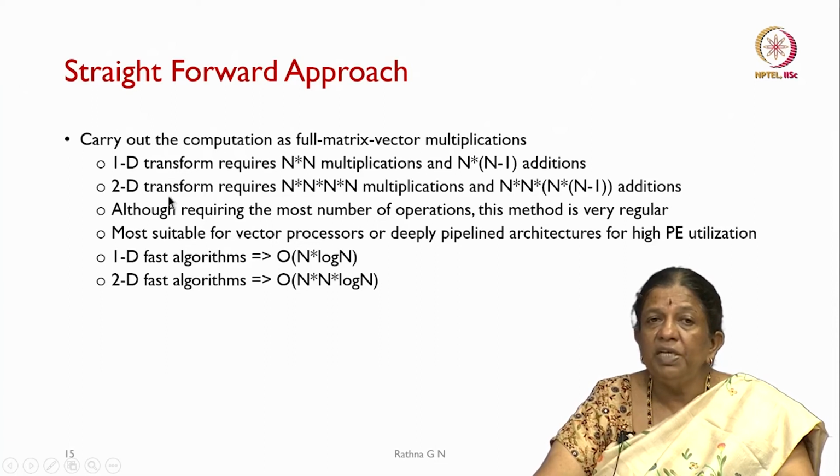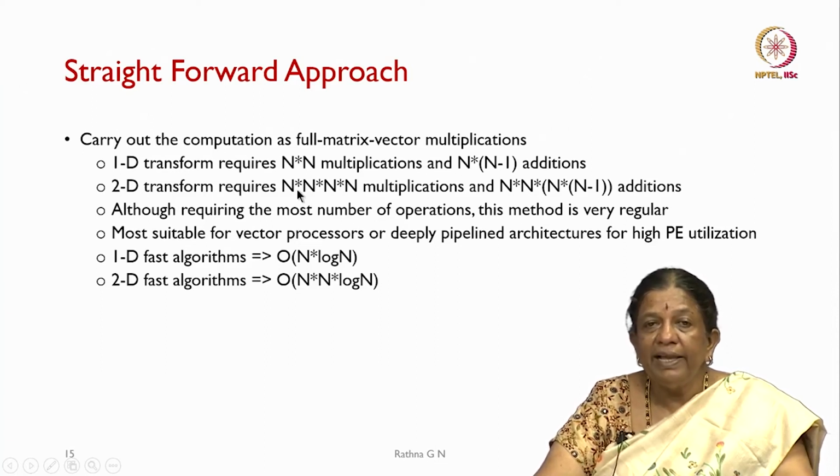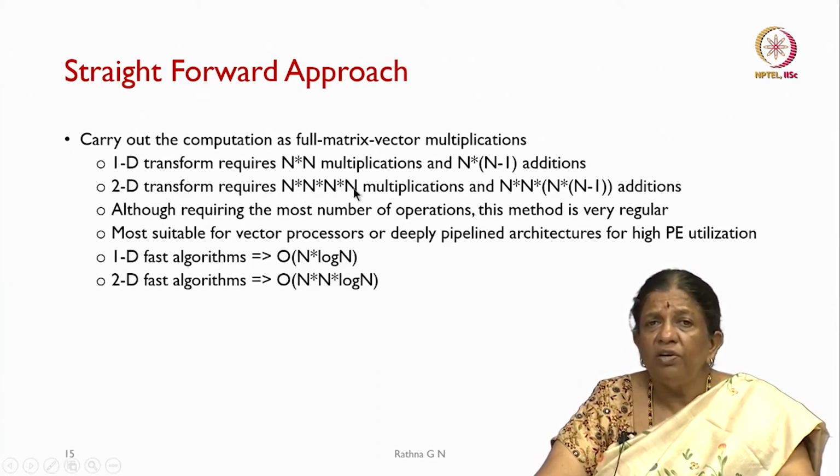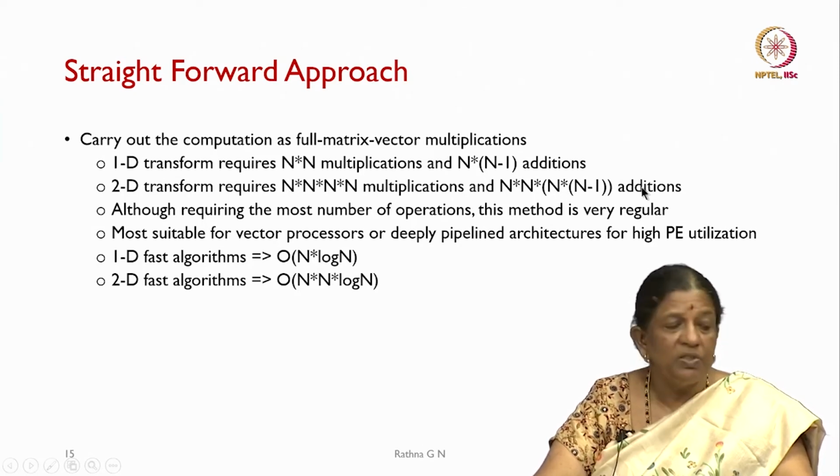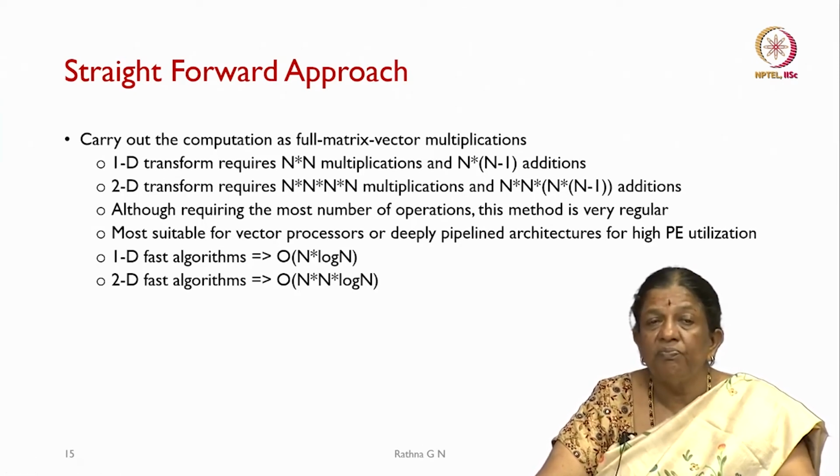Whereas the 2D transform, with all lengths n, requires order of n to the power of 4 multiplications, and n into n minus 1 additions, if we are using the direct 2D transform.